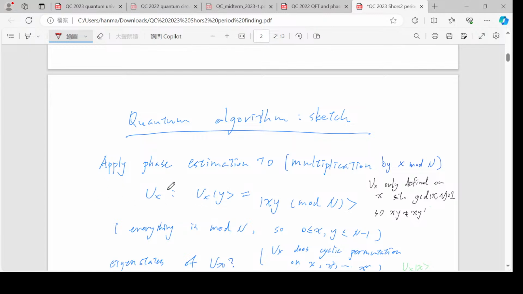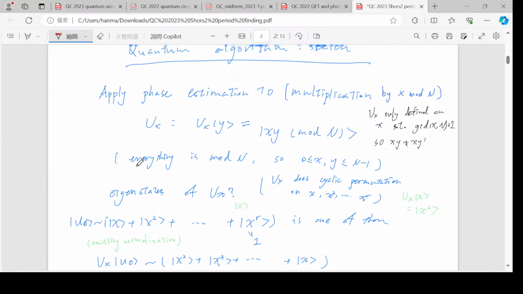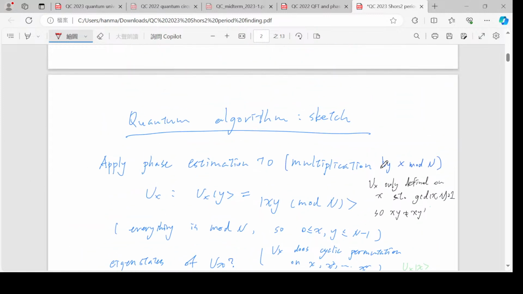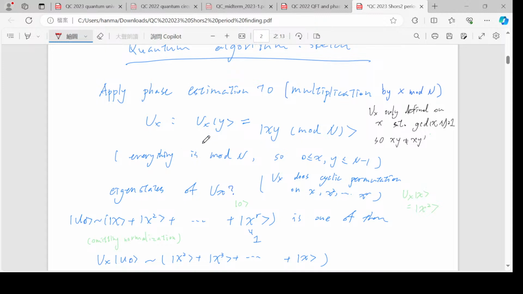Okay. And anyway, so back to phase estimation and order finding. We have UX here, and what we are going to do is phase estimation on UX, and we will get some phase of it. When you do phase estimation, we will get the eigenvalue of UX. So the first question is what are the eigenstates of UX, and how does it help us find the order?